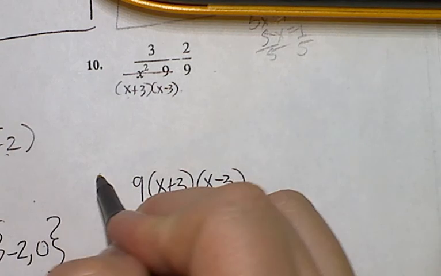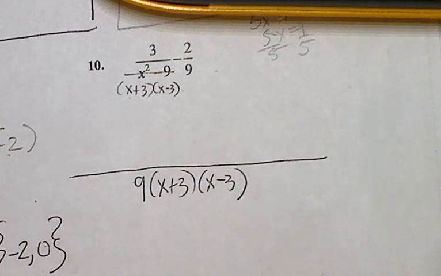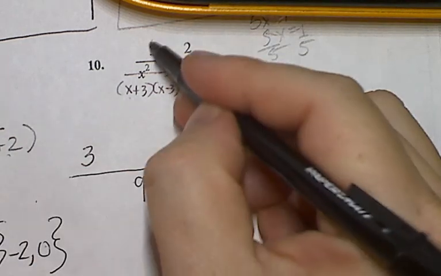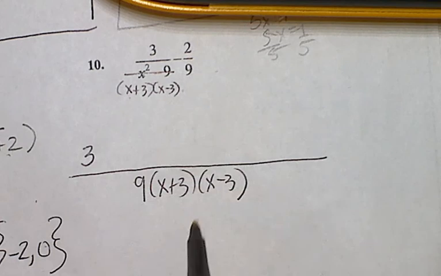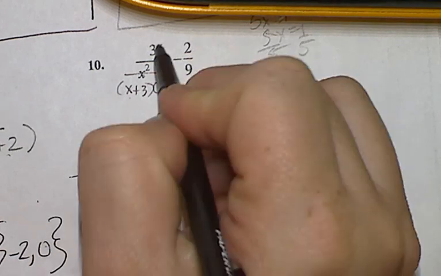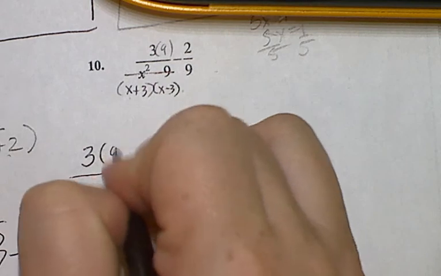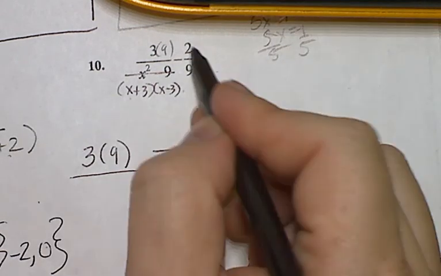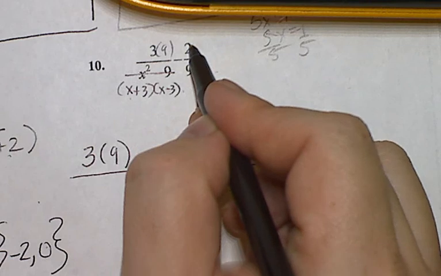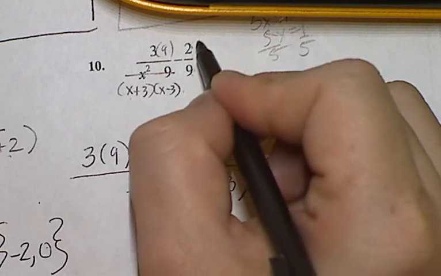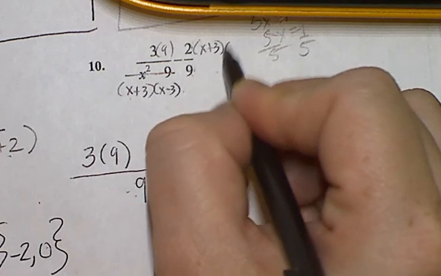Now make a long division sign across the top. The left-hand fraction has an x plus 3, it has an x minus 3, but it's missing a 9. So I'm going to take a 9 and attach it with the 3. Bring down the subtraction sign. Now the right-hand side is a 2. But this side has a 9, but it's missing an x plus 3 and an x minus 3.